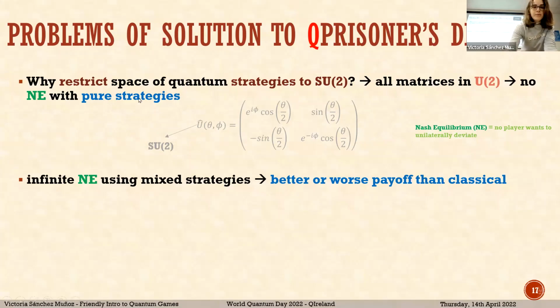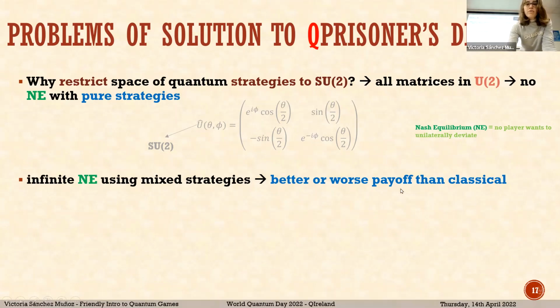There's no Nash equilibrium with pure strategy. With mixed strategies, which is just a probabilistic mixture of strategies, you can find an infinite number of Nash equilibrium when you allow for all the possible quantum operations that you can do.